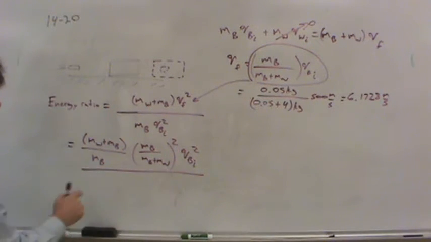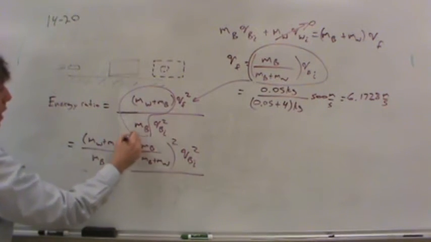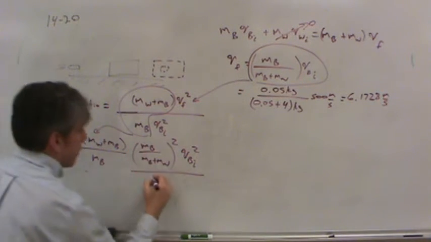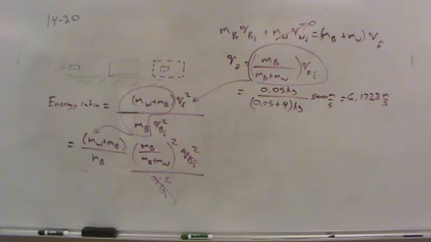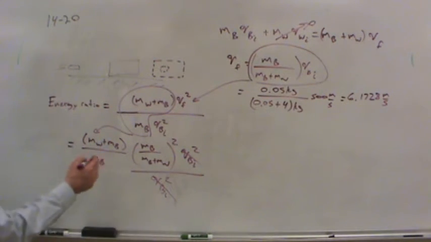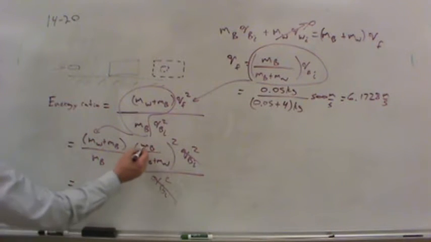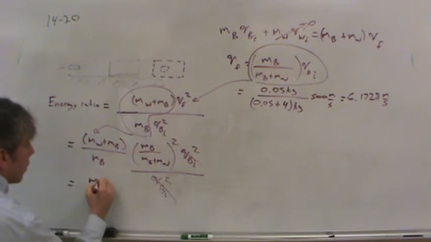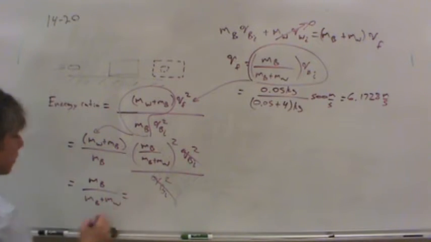Divided by, well, let's not do it that way. I've pulled this piece out over here. So divided by VBI squared. Notice that those two go away. And you'll notice also then that this energy ratio is just a mass ratio. So let's see, you have just MB over MB plus MW.